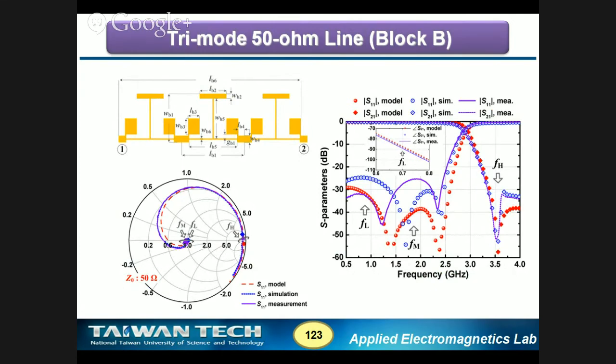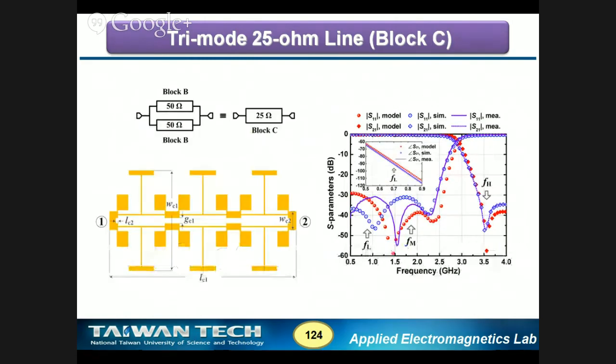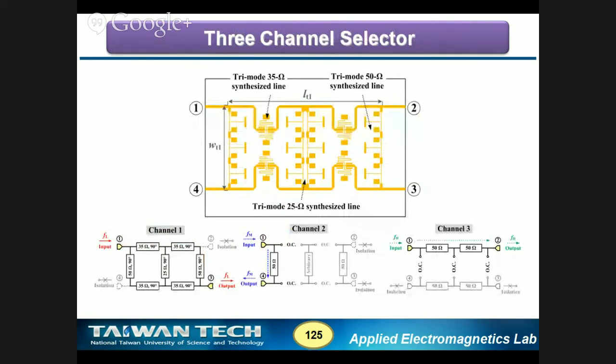So this is the so-called triphase. Just forget about the second line and the third line. The third line is actually just a parallel connection of the second line. It is just 50 ohm becoming 25 ohm. It is very simple. So this is the core building block, which we call a 3-channel selector.